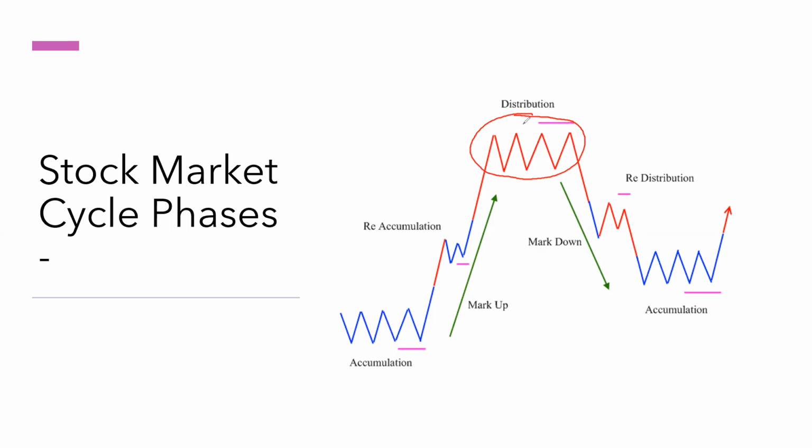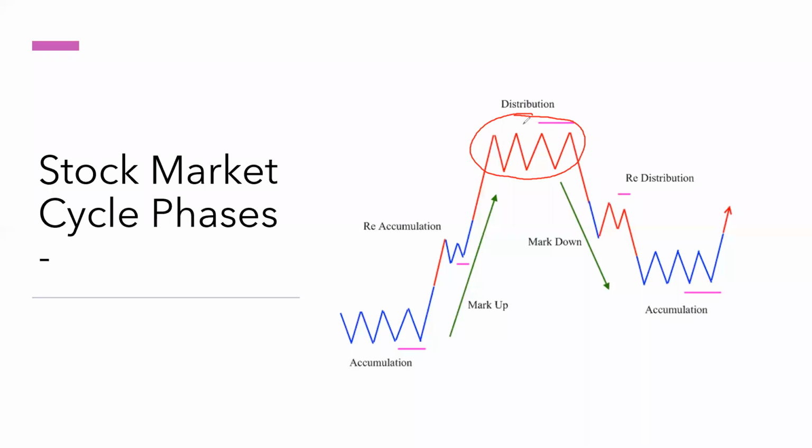Even in the distribution phase, you'll be seeing volatility. A huge volatility, kind of a maniac phase. Nobody wants to believe that the trend is about to end, right? Then it is followed by markdown, where smart money will finally take their exit.